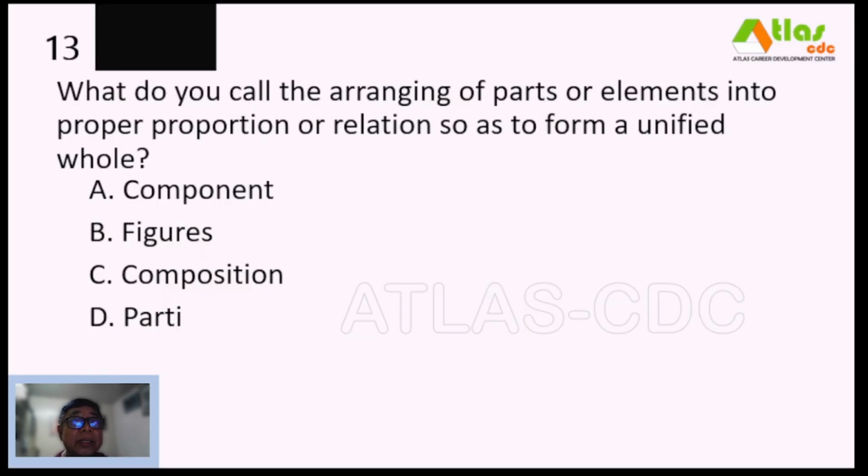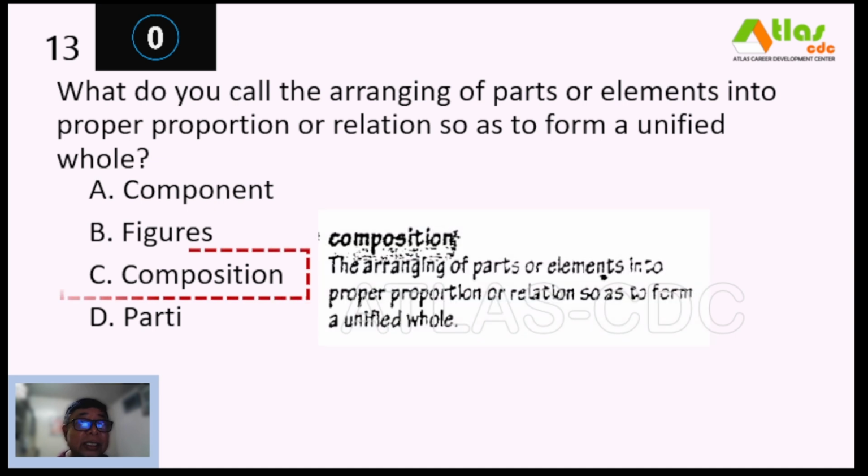Number 13. What do you call the arranging of parts or elements into proper proportion or relation so as to form a unified whole? A. Component, B. Figure, C. Composition, and D. Party. And our correct answer is letter C, composition.